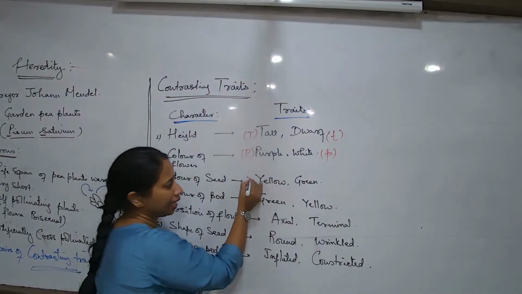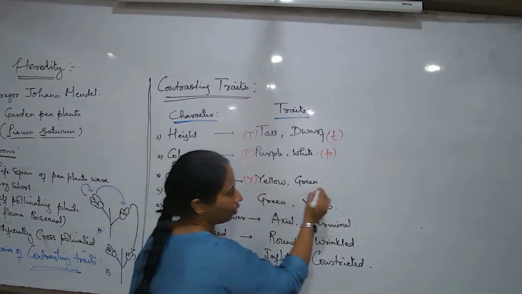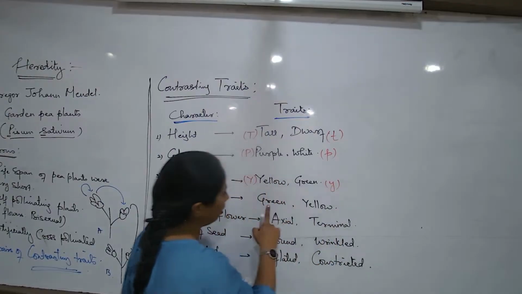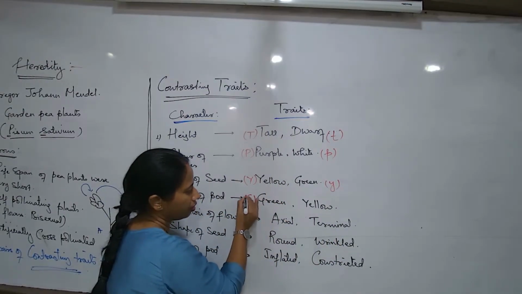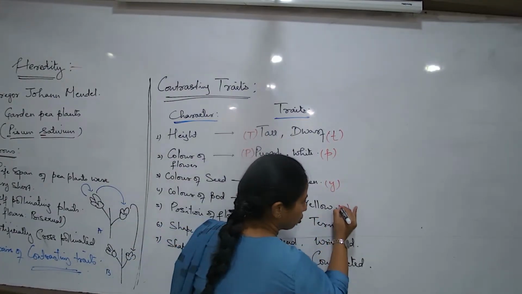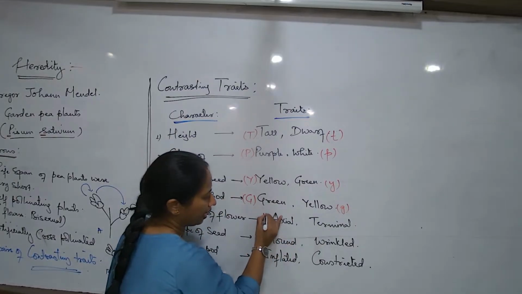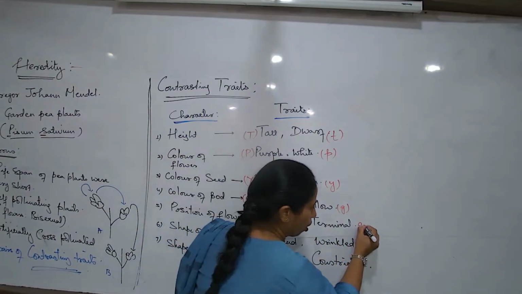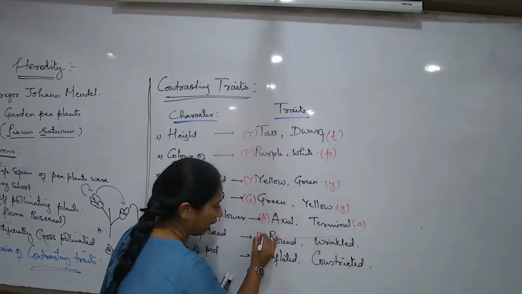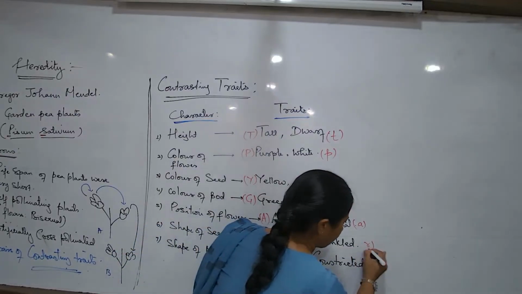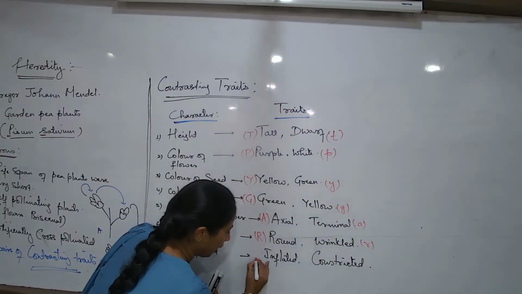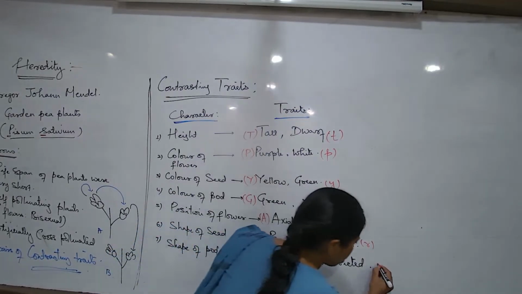What for this? Capital Y. Small. What for this? Small y. Capital G and small g. So remember this. Capital A if it is here, then small a. Capital R, small r. Do not write W. Capital I and small i.